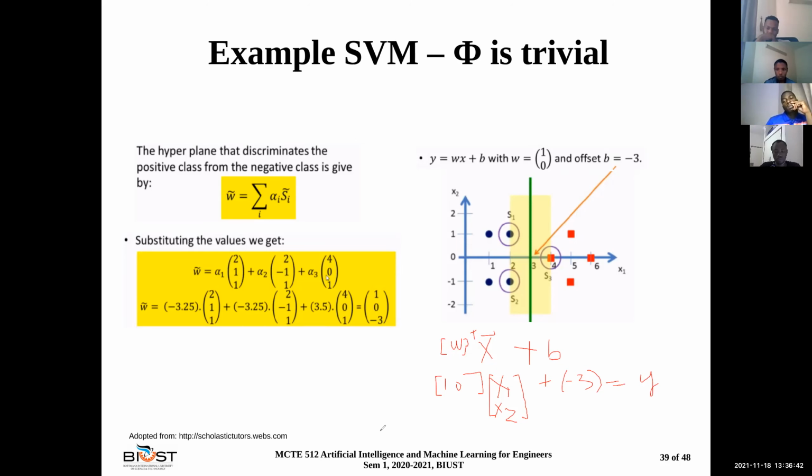If that is the case, then we always have X1 here, so X2 does not matter. X1 minus 3 is equal to the classification Y.